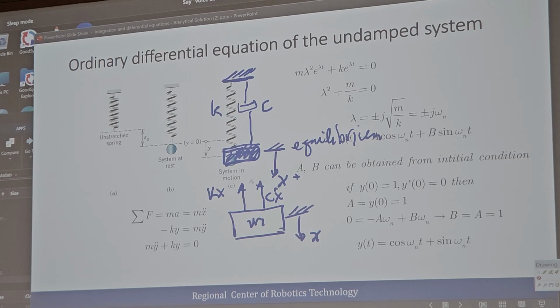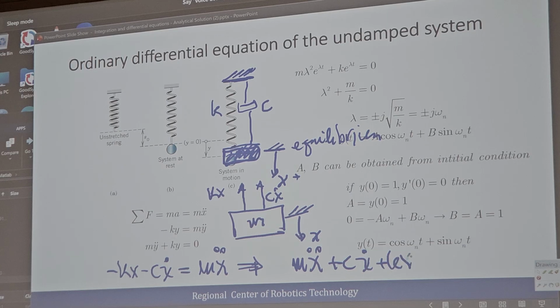So in that case, summation F equals MA. You have minus kx minus c x dot equal to m x double dot. So you have m x double dot plus c x dot plus kx equal to 0.